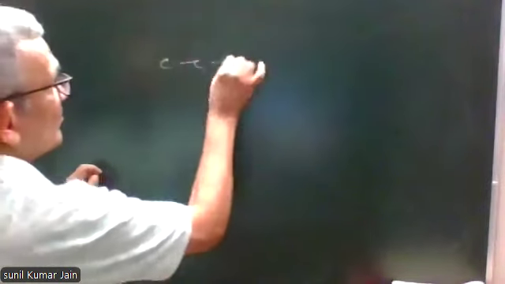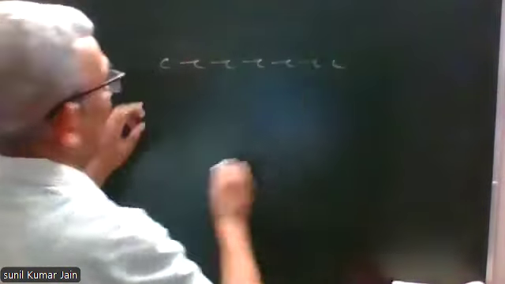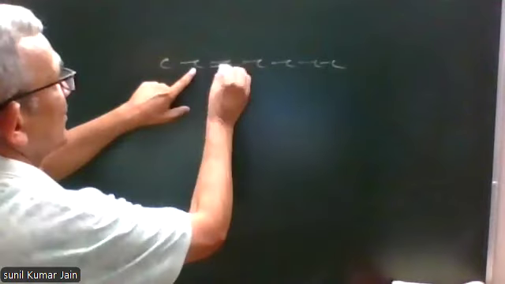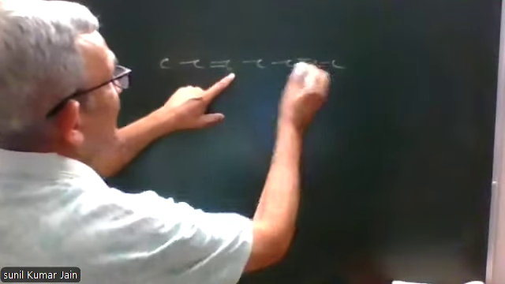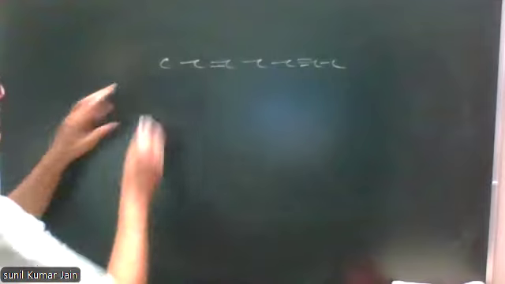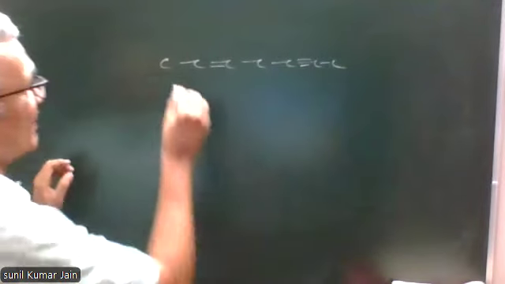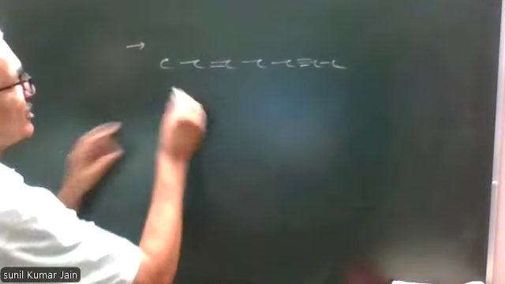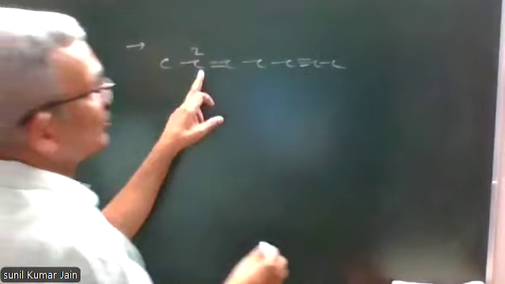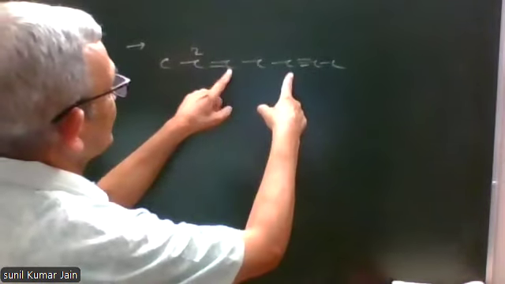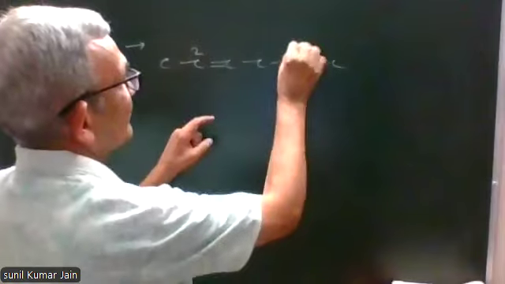For example, this is a chain of 7 carbon atoms. In this direction, double bond is at 2, triple bond is at 3, 4, 5.